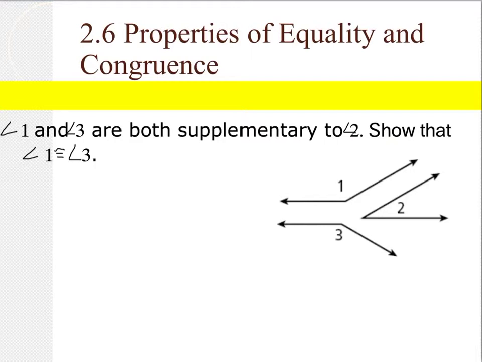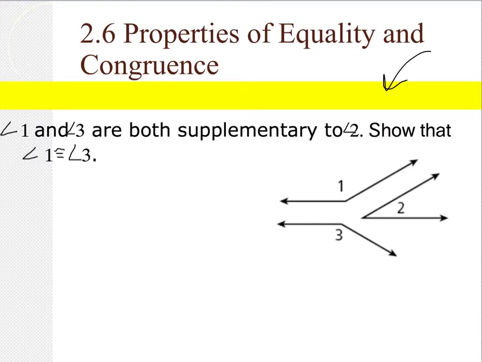Okay, it says angle 1 and angle 3 are both supplementary to angle 2. Show that angle 1 is congruent to angle 3. You're coming up with an argument. Why do you know that angle 1 is congruent to angle 3? We know that it's true, but explain why. So give it a shot now, pause, and try it.